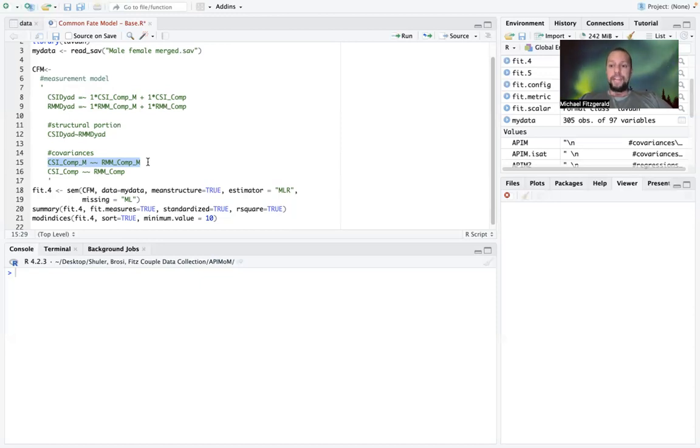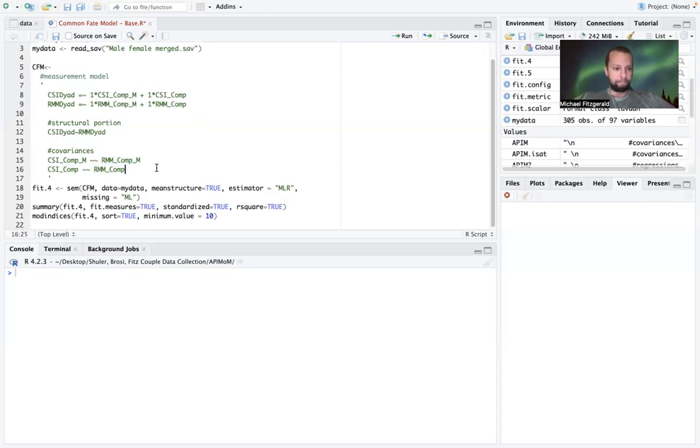So a within-person covariance. For example, here we have couple satisfaction reported by men. It's going to be covaried with relationship mindfulness reported on by men. And then we have the exact same process for women in this study. All right, so essentially that is the most basic common fate model.